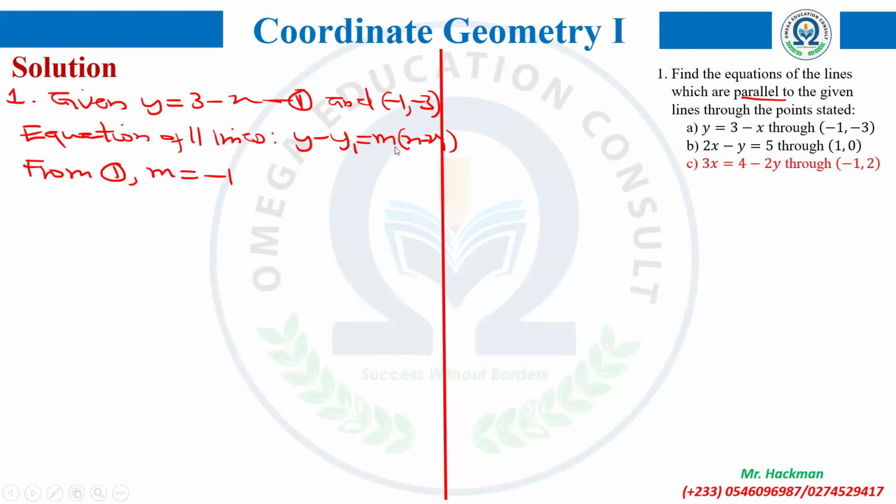So you substitute that and x1, y1 into this. This implies y minus y1, and y1 is minus 3, so plus 3, is equal to m, which is minus 1, times x minus x1, and x1 is minus 1, so plus 1. We are going to get y plus 3 is equal to minus x minus 1.